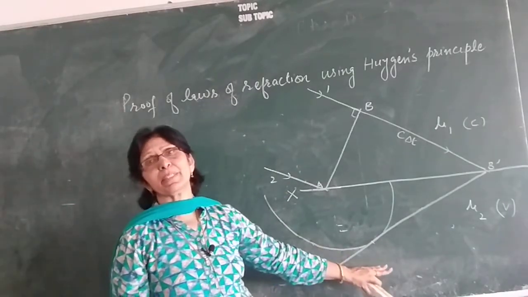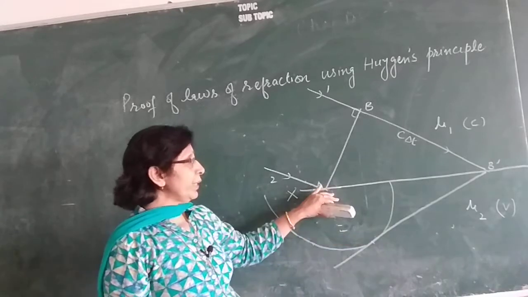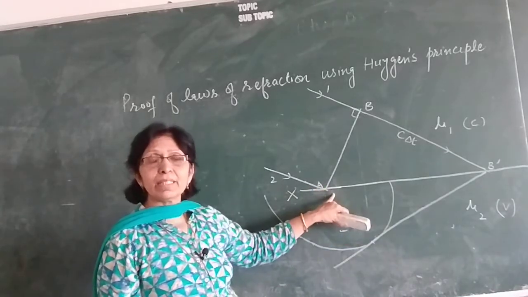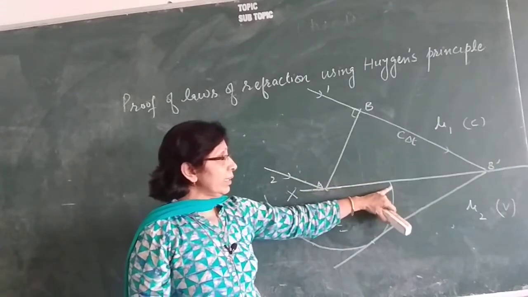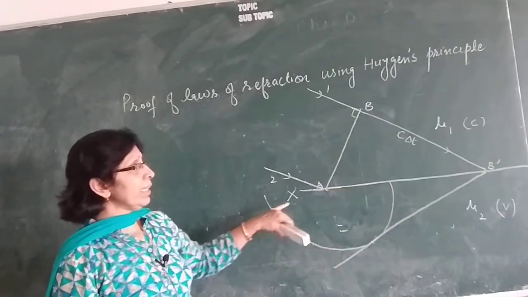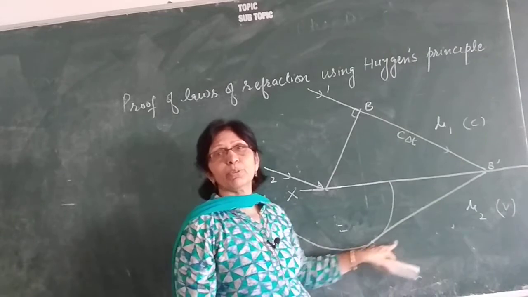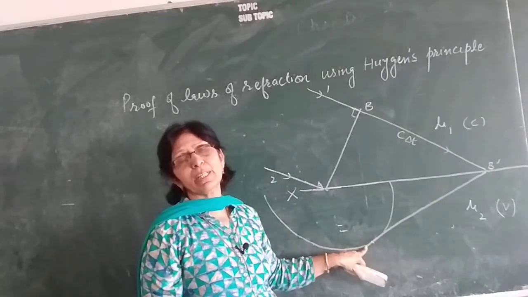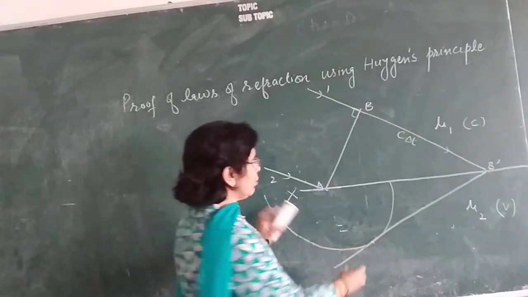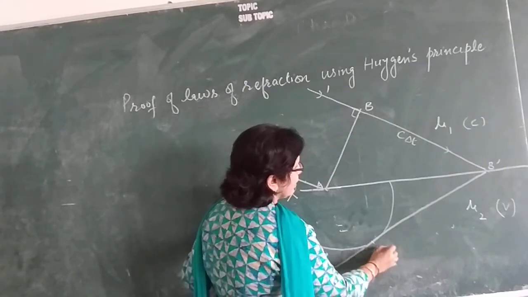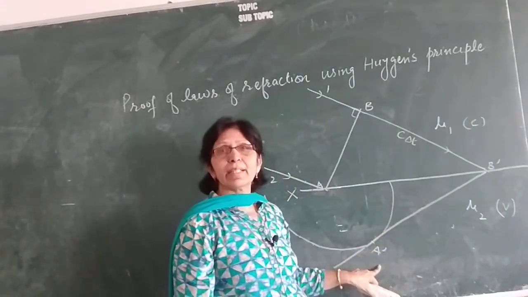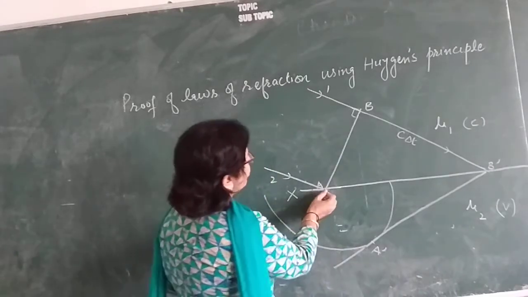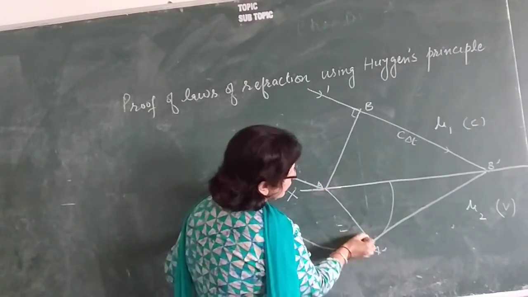This is Huygens principle, that every point on the primary wavefront acts as the source of a secondary wavelet. So from here there is a source of secondary wavelet, and the tangent to this wavelet gives you the secondary wavefront. If I say that it is meeting at A dash, then B dash A dash is the secondary wavefront.